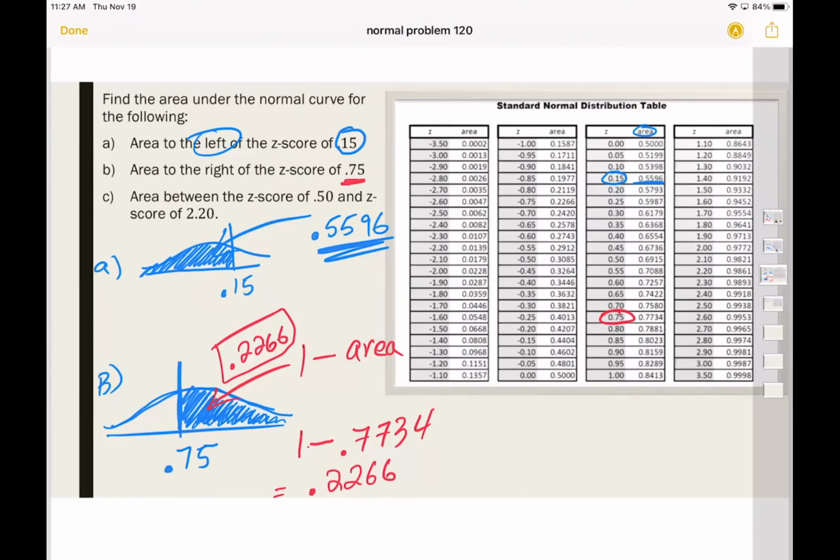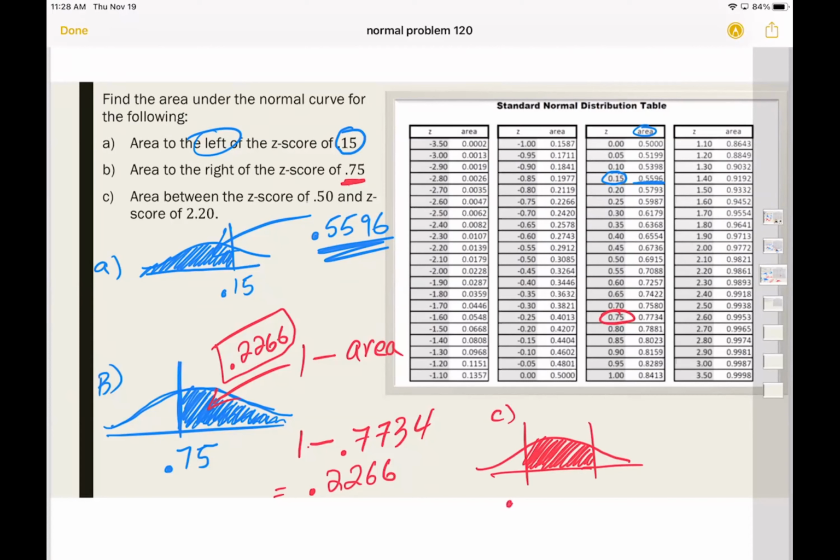The area in between for part C, what do I need to do? Well, I need to know the two numbers, and I'm looking for the area in between, right? So again, I need to take the bigger area minus the smaller area. So what do I have here?